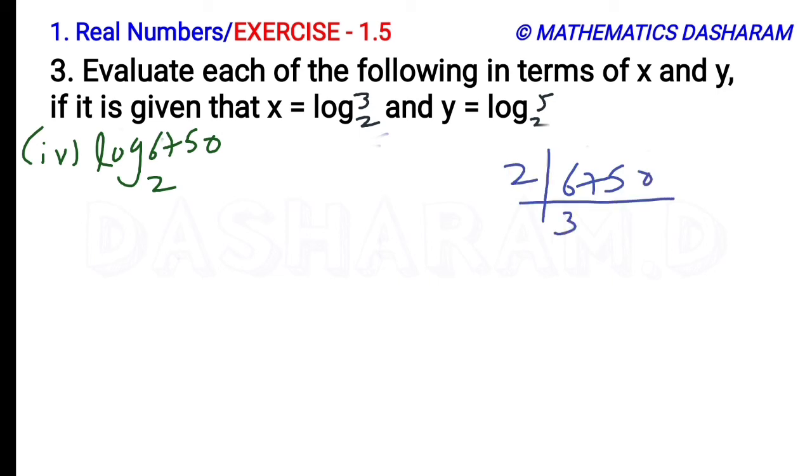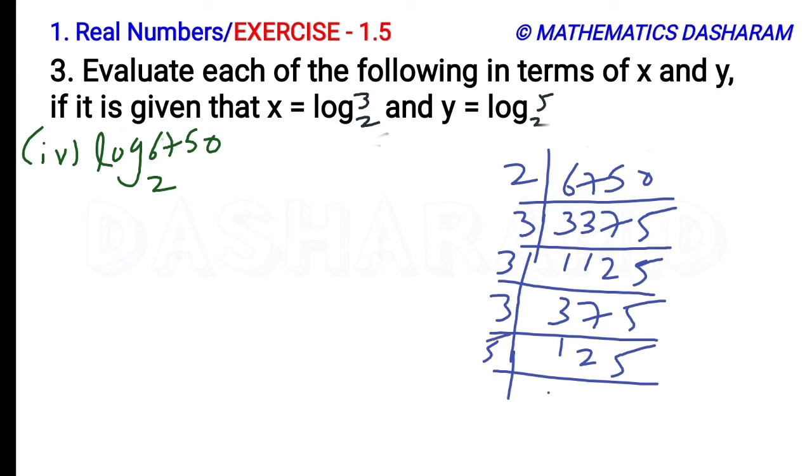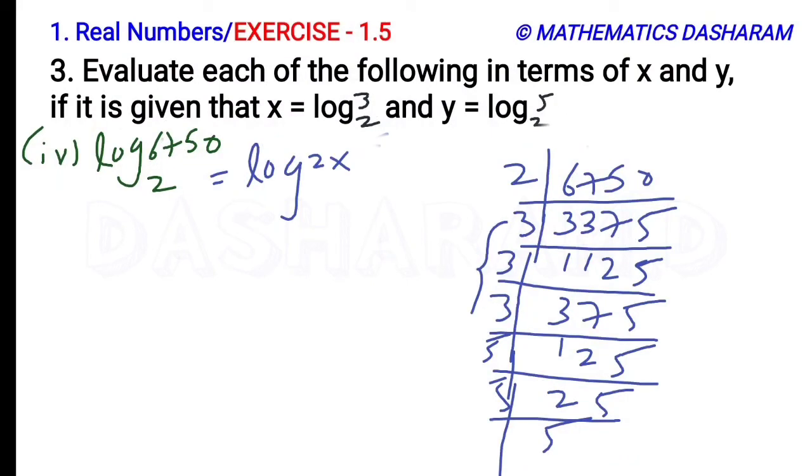Dividing by 2 gives 3375. Dividing by 3 repeatedly gives 1125, 375, 125. Then dividing by 5 gives 25 and 5. So log 6750 equals log of 2 into 3 cube into 5 cube, base 2, since there are three 3s and three 5s.